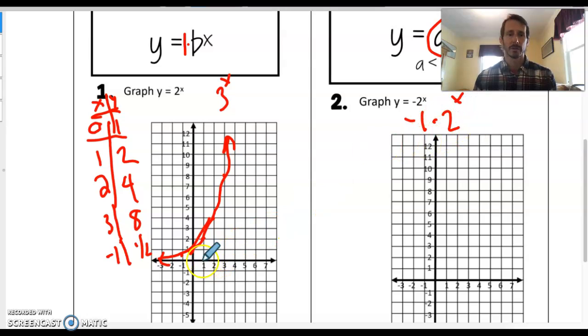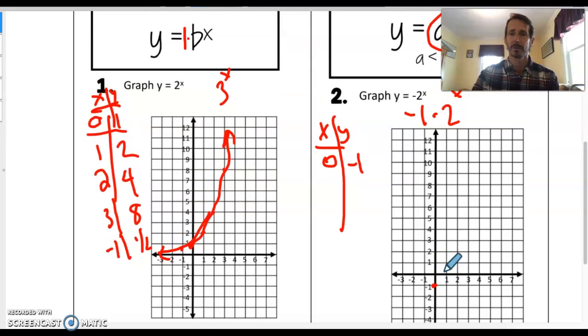So all of these values that we were getting for outputs, 1, 2, 4, 8, 1 half, would just be multiplied by negative 1. As I put in x and y values, if I put in 0, 2 to the 0 is 1, times negative 1 is negative 1. So it just literally reflects below. So I kind of give myself a little bit more room here.